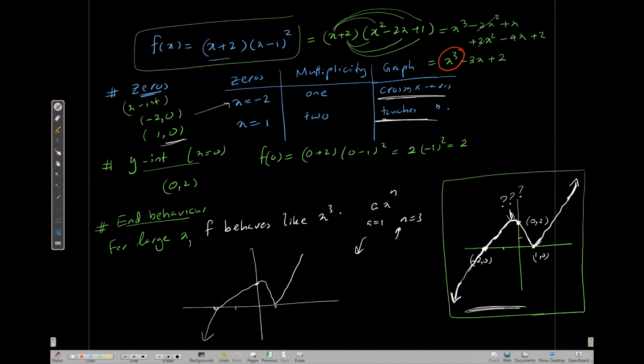And let's do one more example. How about f of x equals 2x to the fourth minus 8x squared. Now first step, zeros and multiplicity.